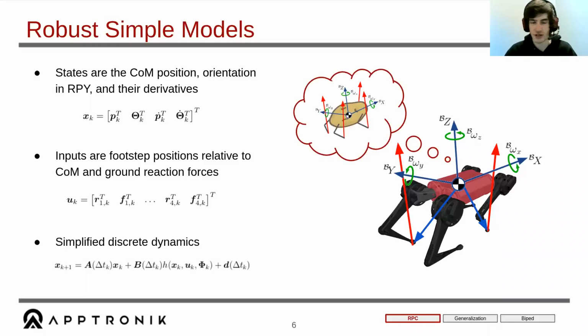So we kind of jokingly call it the potato model because the robot basically just thinks it's a single potato floating in space with these force vectors that kind of push on the body, but the legs are massless and we don't actually consider the kinematics of the legs during the control.